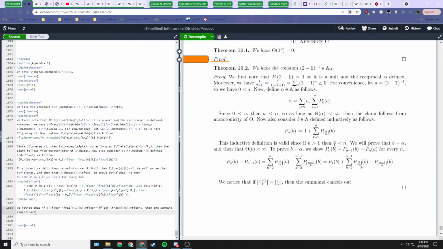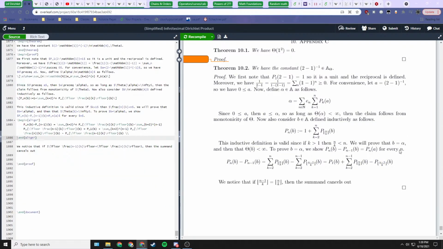So if this floor of n over k is equal to this floor of n minus 1 over k, then the summand will vanish, since this expression will be the same as this expression, and we're just subtracting them off.